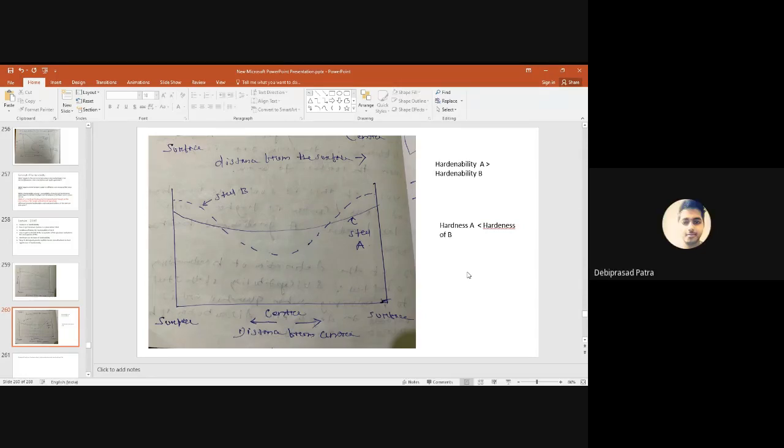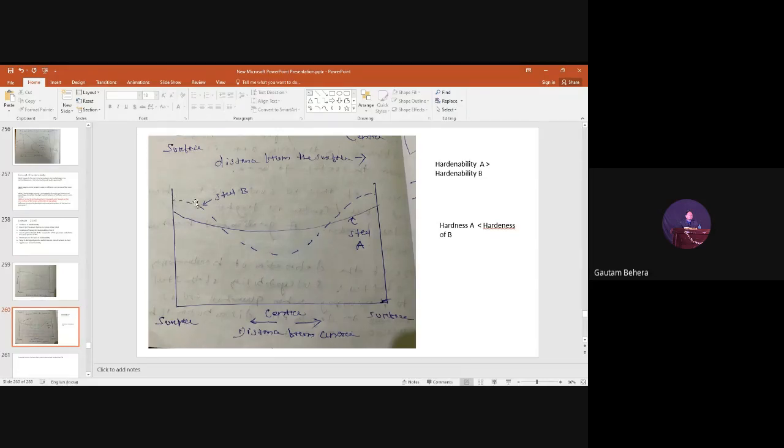Yes, sir. So that means steel A has high hardenability because the hardness is nearly comparable at the surface as well as the core. That means martensite has formed here, here also, and here also. So martensite is forming everywhere, at the surface and at the center. But in steel B, what is happening? You can see at the surface hardness is maximum.